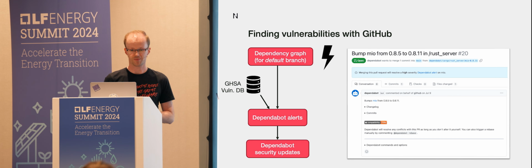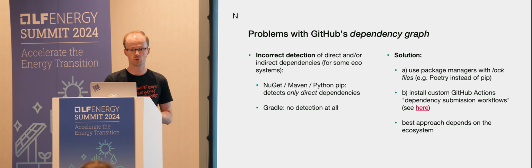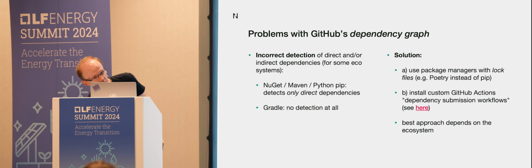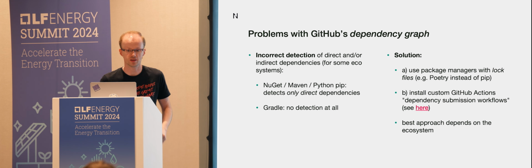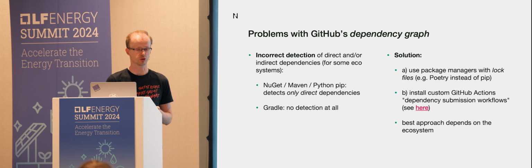The problem, or the caveat, with GitHub is this dependency graph. It's kind of an Achilles heel, the weak spot of GitHub that many people are not aware of. The problem is that GitHub's dependency graph does not correctly detect direct or sometimes just the indirect dependencies for some programming languages.